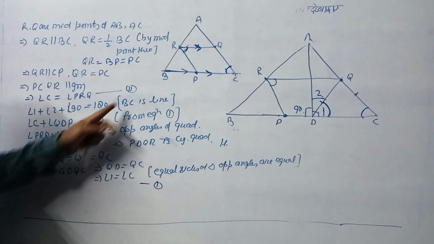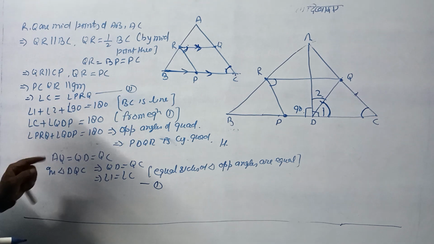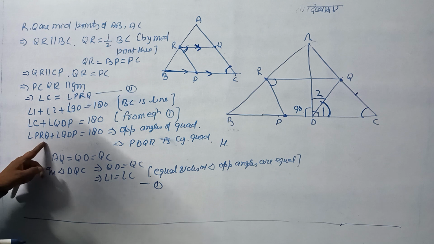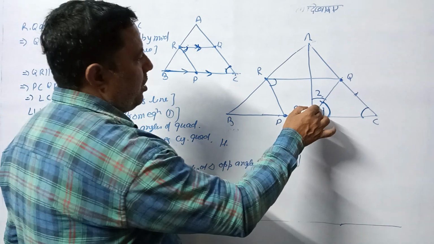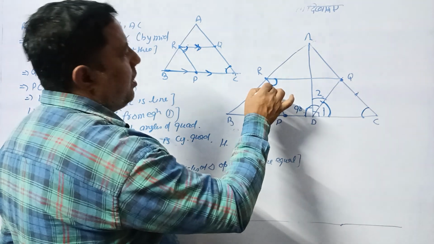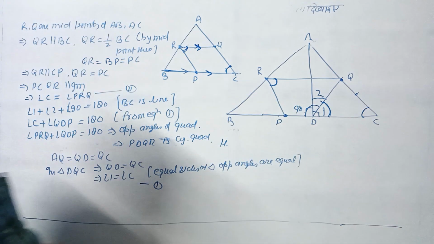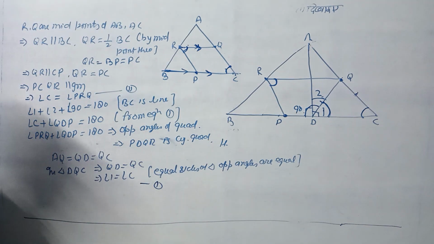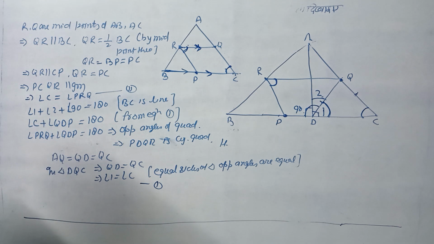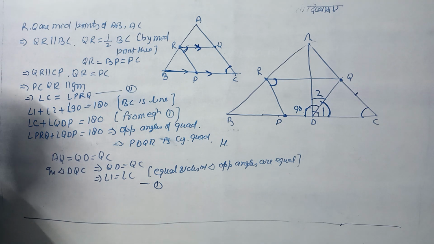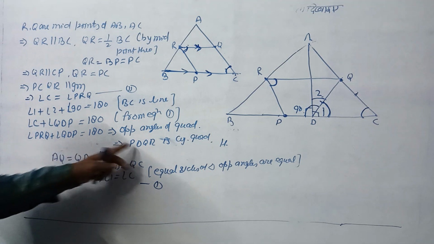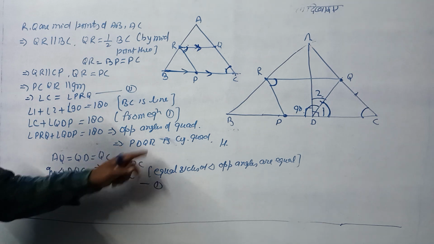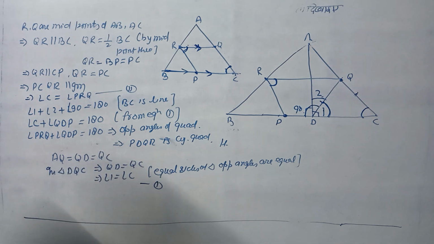Also from the second, C equal to PRQ. At the place of C, PRQ plus QDP, we observe that the sum of opposite angles of the quadrilateral is 180. That is the property of a cyclic quadrilateral: all the vertices lie on a circle, or second, the sum of the opposite angles of the quadrilateral is 180. So on behalf of it, we can say PDQR is a cyclic quadrilateral.